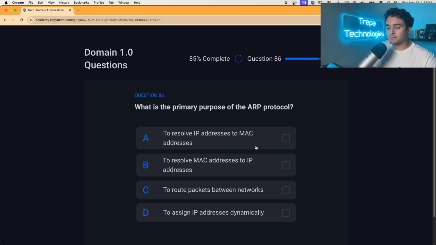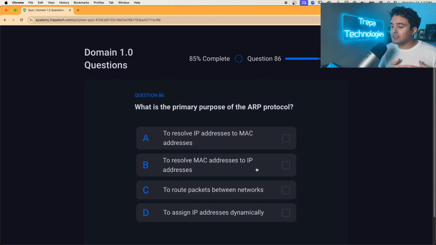Question 86. What is the primary purpose of the Address Resolution Protocol? It's ARP, Address Resolution Protocol. Anyways, that's to map layer 3 to layer 2, so to resolve IP addressing to MAC addressing. Initially, when we do this, it's so that we can build the entire packet with the layer 2 and layer 3 header. When we want to talk outside our LAN, we need to send to the default gateway.